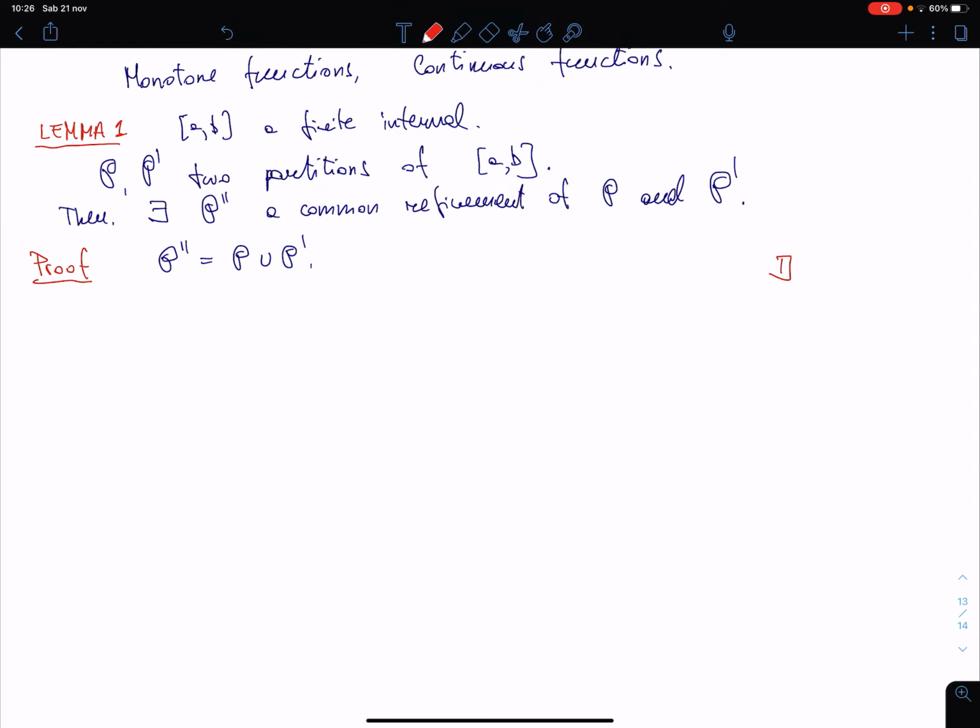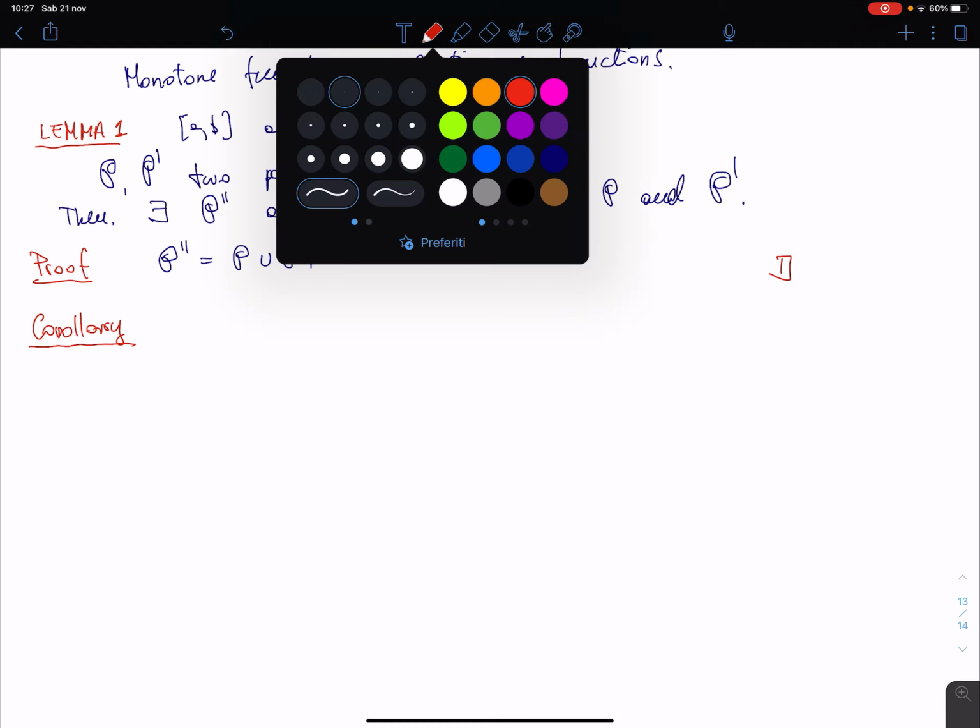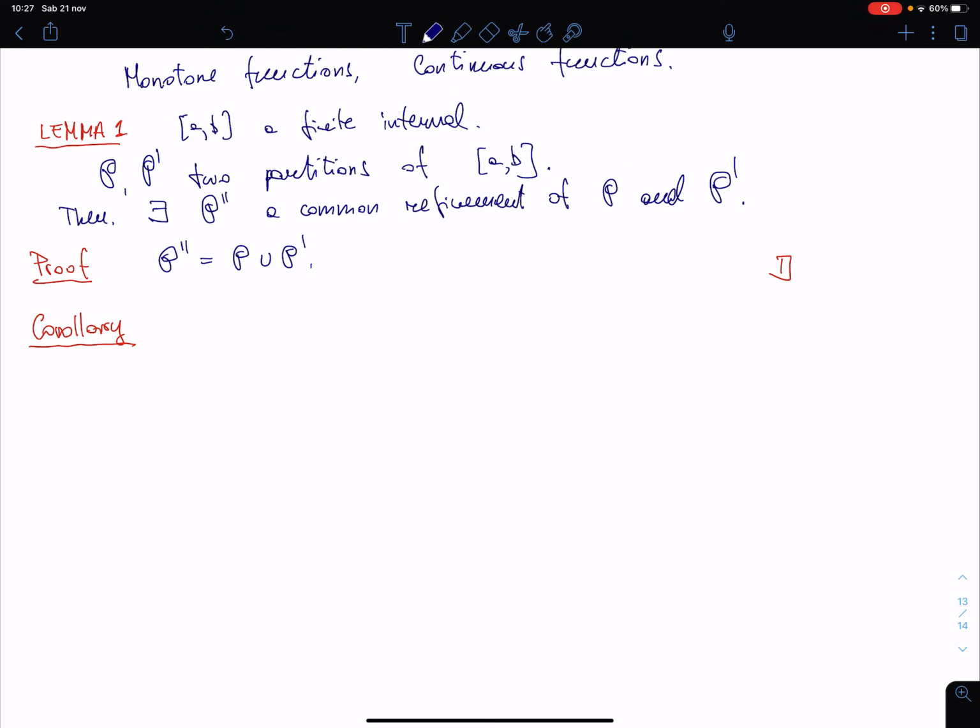So I stop here. So as a corollary, we have that P second gives better upper and lower sums. So if you take the lower sum of the function f related to the partition P, this will be not larger than the lower sum of f with respect to the partition P second.